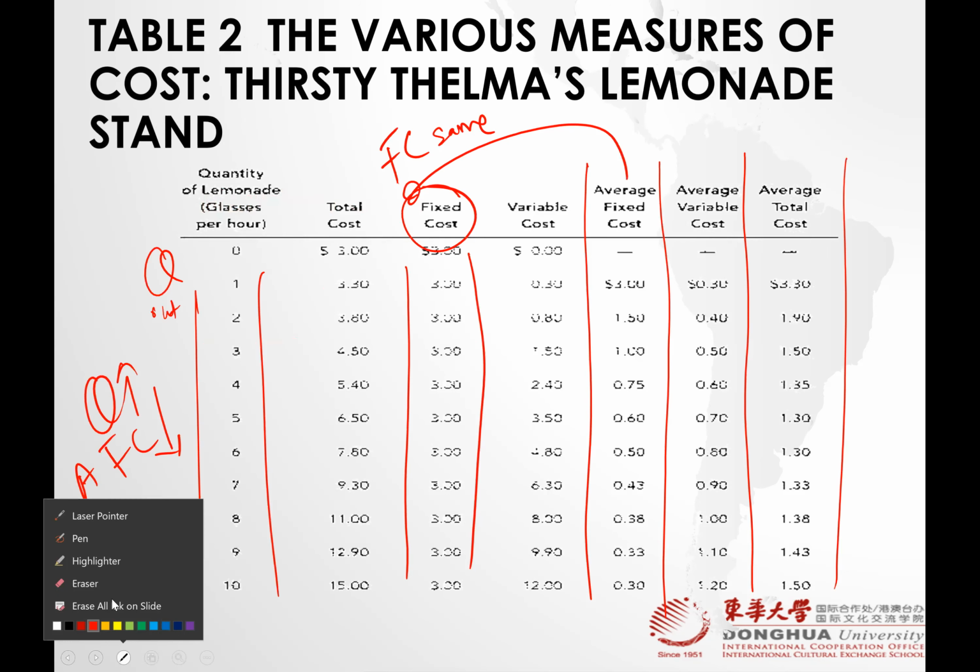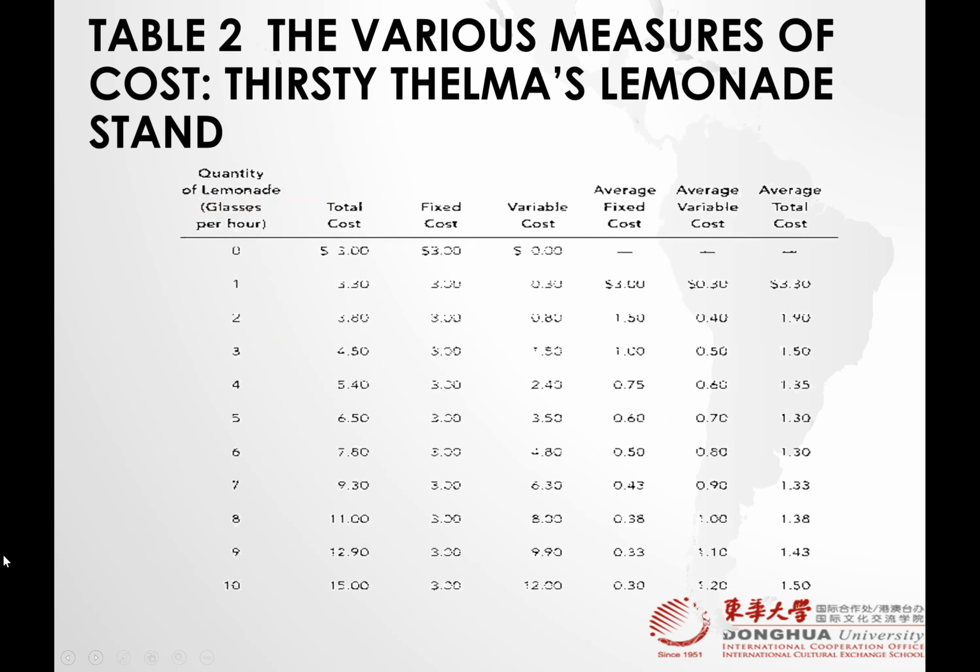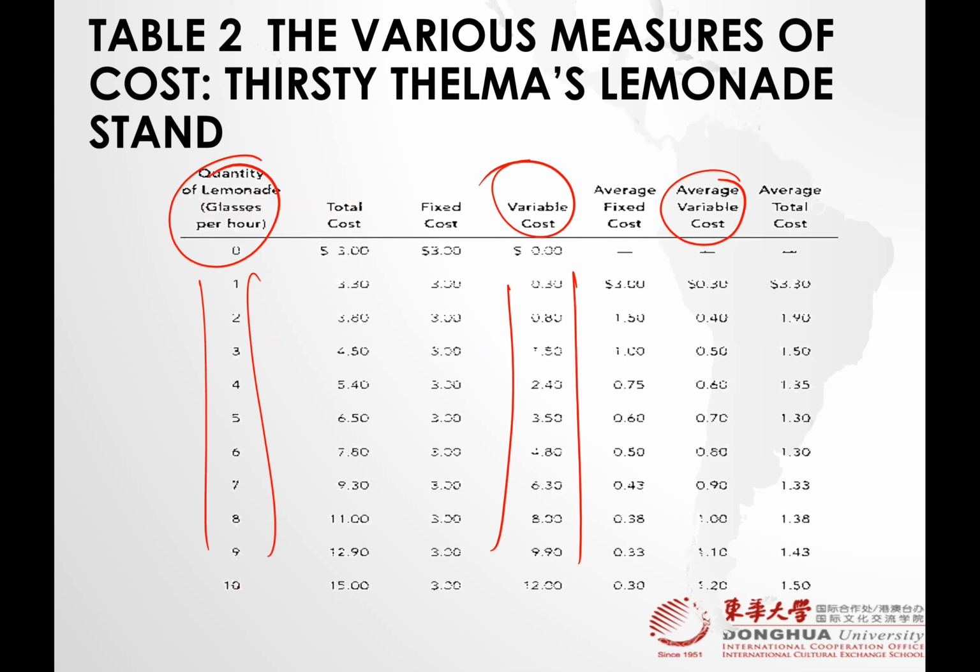Yes. And let's see the average variable cost. You compare the average variable cost with the variable cost. So variable cost increased with the level of output. Yes, increasing. And average variable cost is also increasing, right?